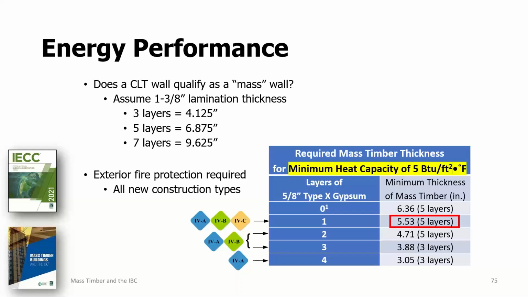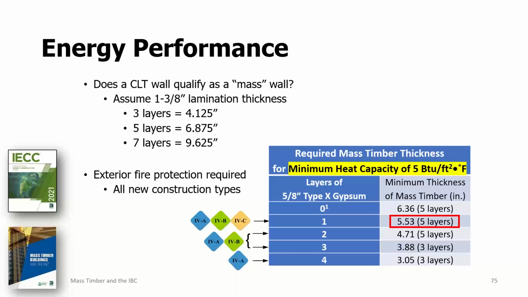The same thing is whether you have layers of gypsum or other insulation, things like that can also have an impact. So this table right down here in the bottom right is showing that if you have additional layers of gypsum, then these are the minimum thickness you would need to reach that 5 BTU threshold.